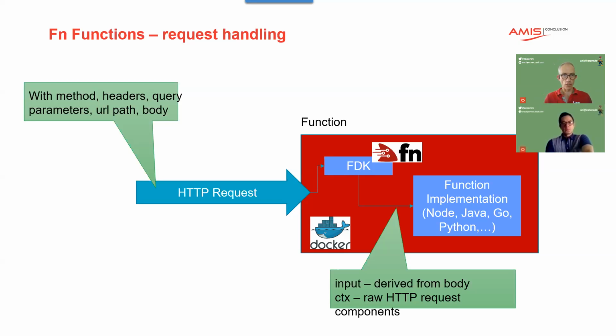Of course, in a function request, we can indicate a method, we can specify headers, we can specify parameters and a body, and all of those are available inside the function for determining the functionality that the function should execute. Whatever is sent in the HTTP request will be available inside the function, just like it is in a servlet, for example, or in a node application using the Express framework. It's all very similar.